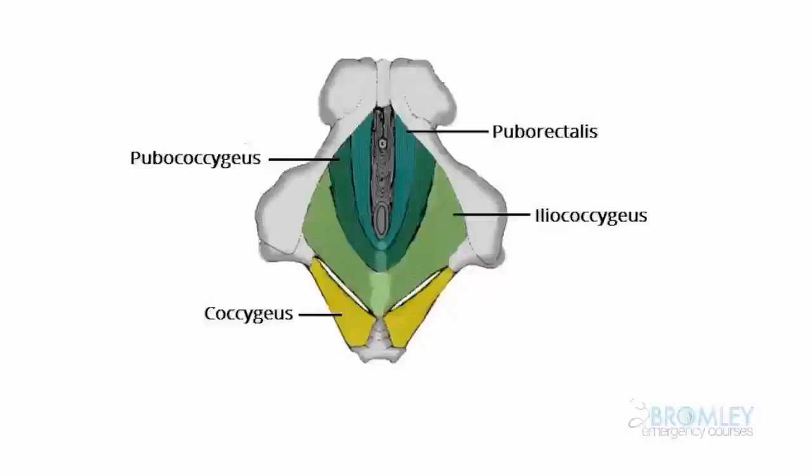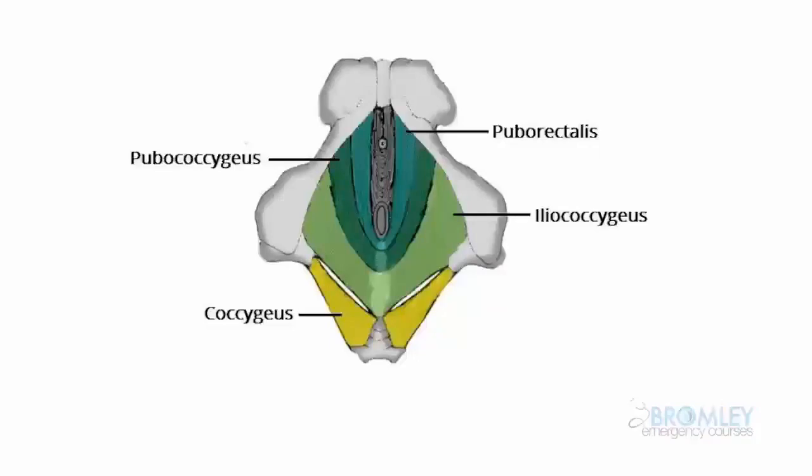Puborectalis is a U-shaped sling, as you can see here. The puborectalis muscle extends from the bodies of the pubic bones past the urogenital hiatus around the anal canal. And the tonic contraction of this puborectalis muscle creates the anorectal angle at the anorectal junction.